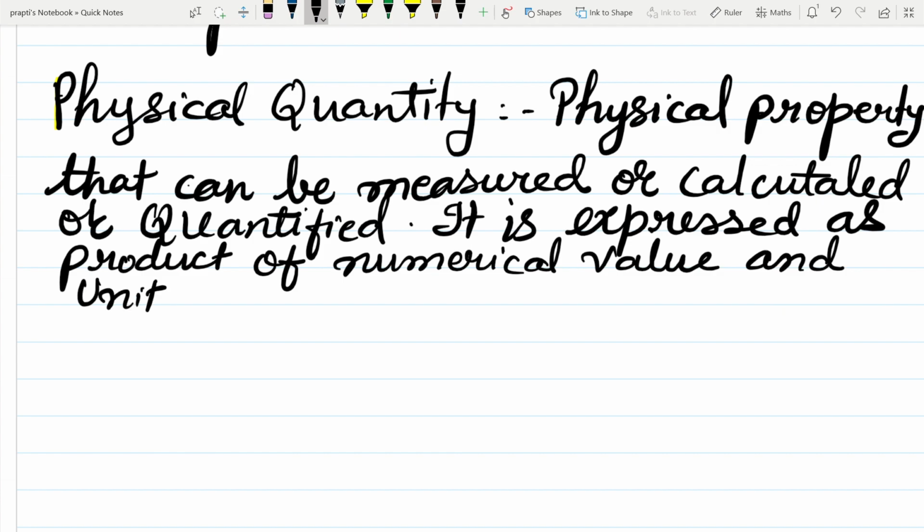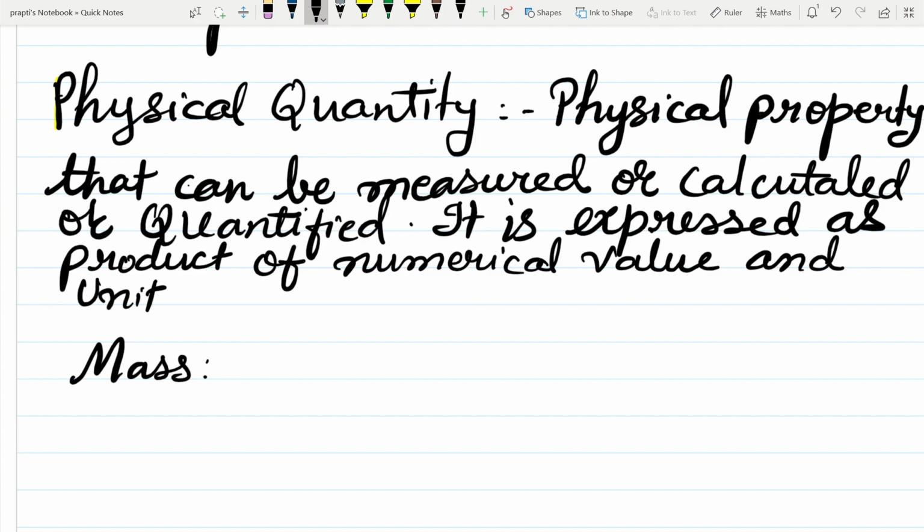Now, what do you mean by this? We take a simple example of mass. We know that mass means the matter contained, or the quantity of matter present in any substance, which we studied in chemistry.